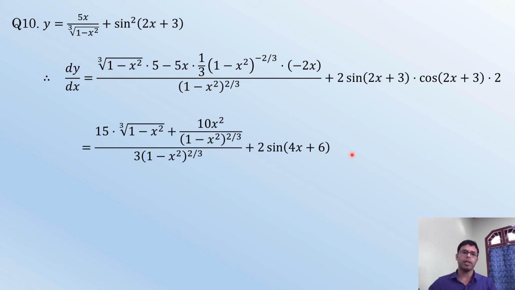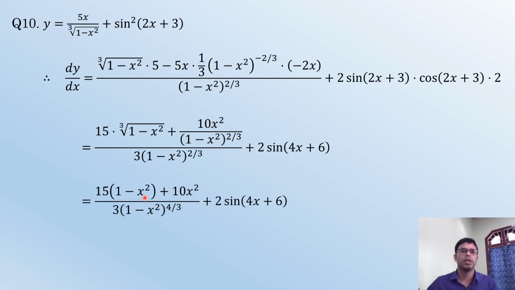Okay, so next you take LCM of this term. So taking this LCM, it is 15 into cube root, meaning whole to the power 1 by 3, and into 2 by 3, it is actually this term you see here, it is actually (1 minus x square), sorry, whole to the power 1 by 3 into (1 minus x square) whole to the power 2 by 3.